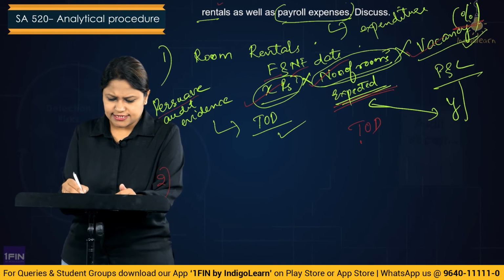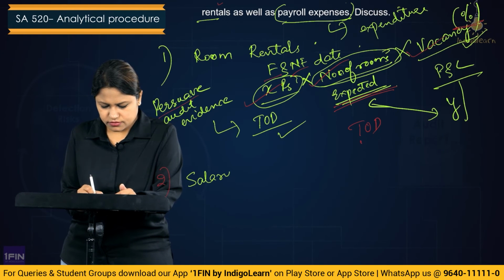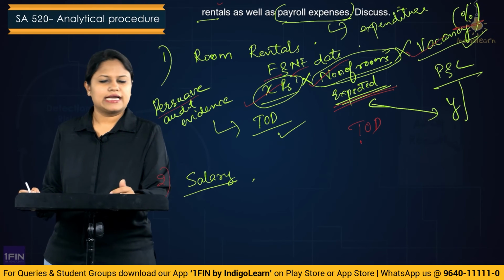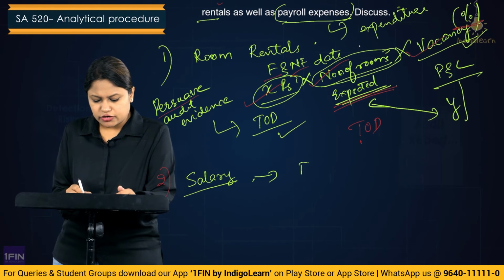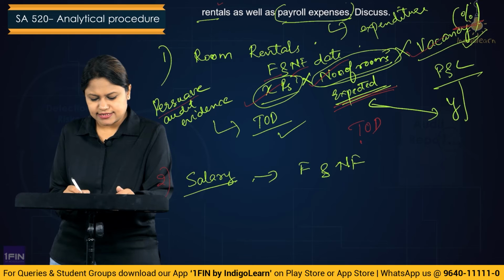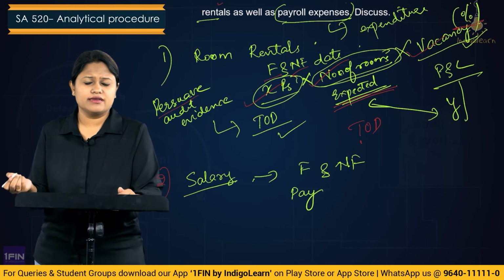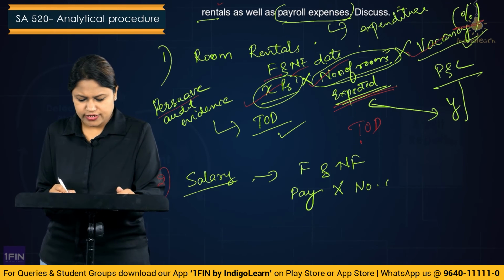The next that they're talking with us is about the payroll expenses. Payroll expenses, in simple language, is about the salary. Correct? Payroll is nothing but employees on your payroll and the salary that you pay. So here also we take into account financial and non-financial data. Where financial, we are going to consider the pay, assuming a fixed pay is there for every employee, into the number of employees, which is the non-financial data, employees that we have.